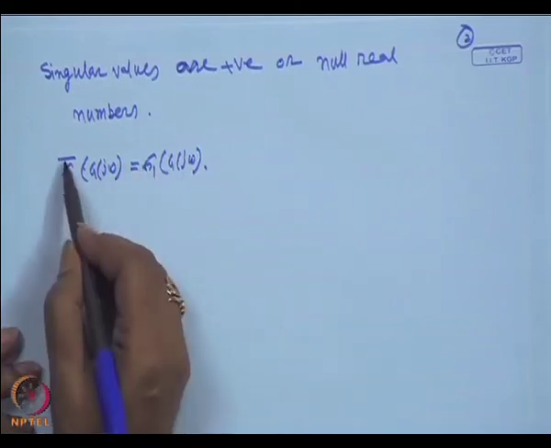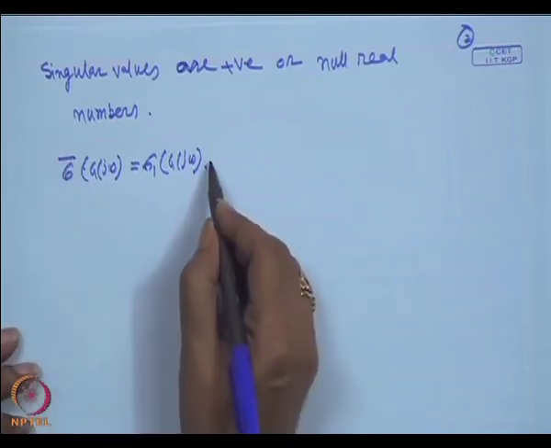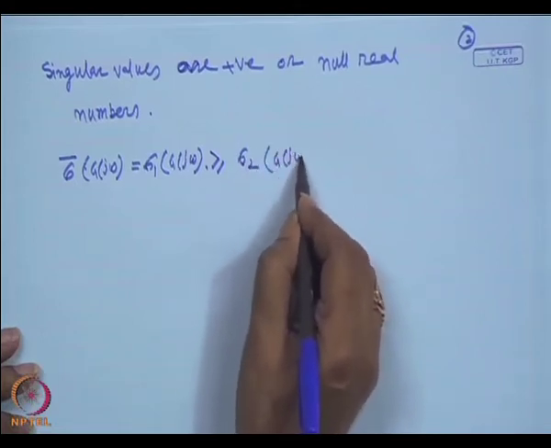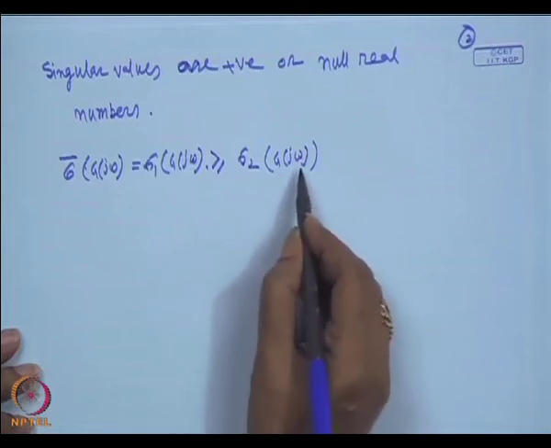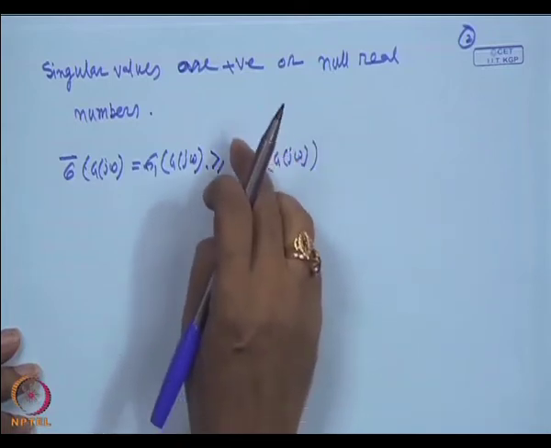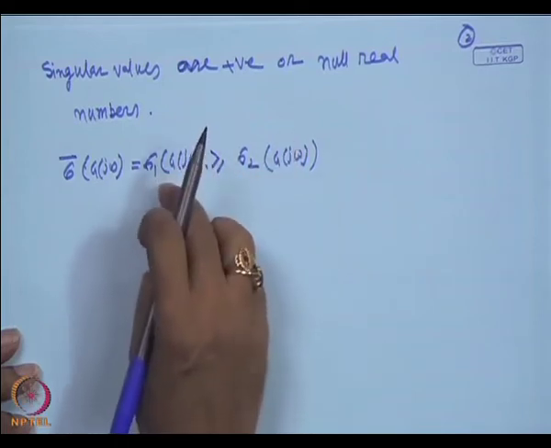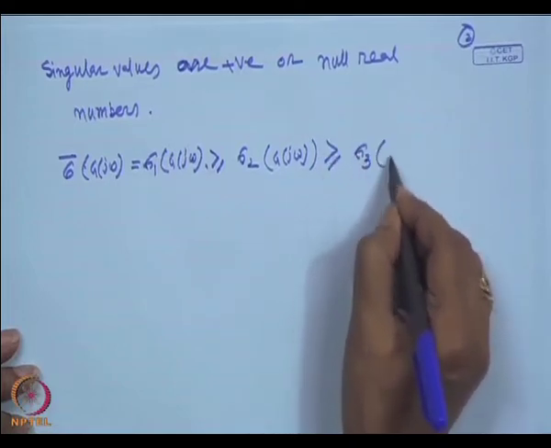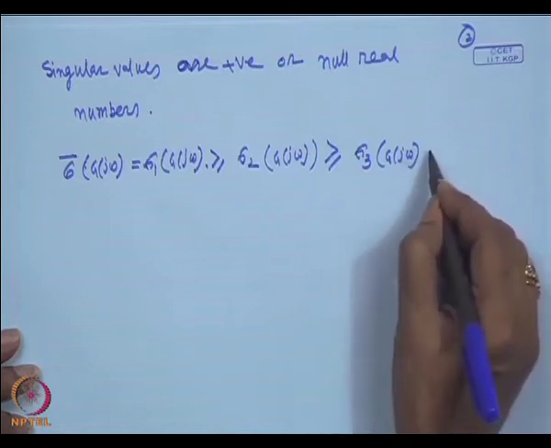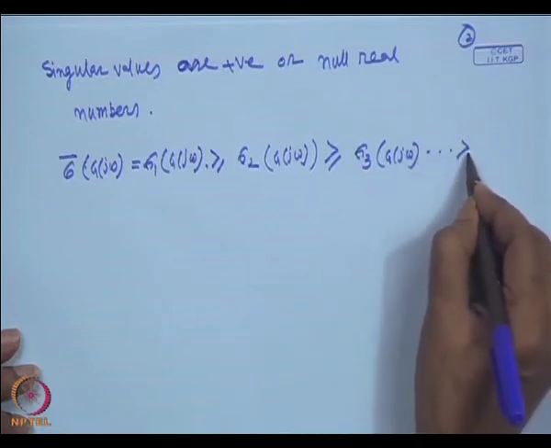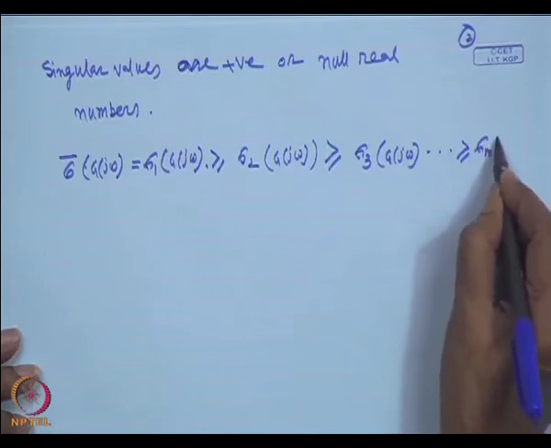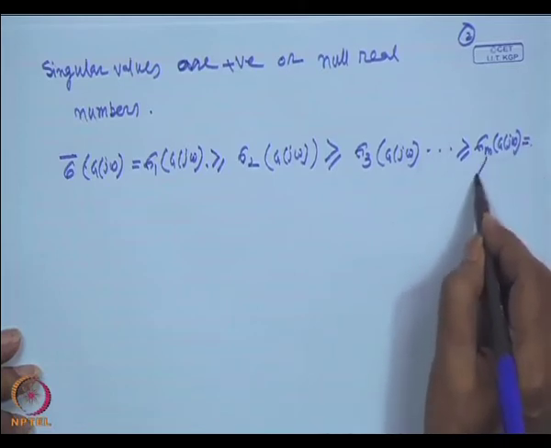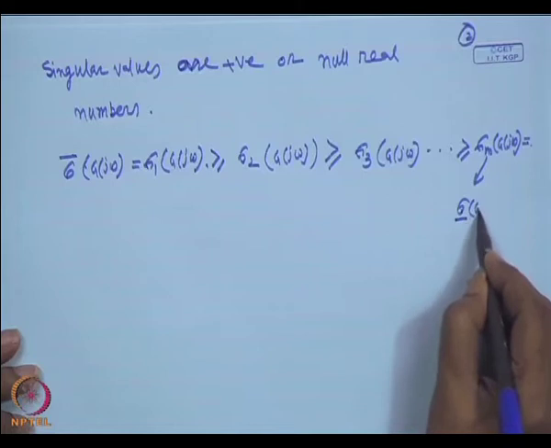The maximum is denoted by sigma bar, which is greater than or equal to sigma 2 of G(j omega). Find the singular values of G(j omega), the transformation matrix. The second maximum singular value will be less than the first, which is greater than or equal to sigma 3 of G(j omega), and so on, down to sigma m of G(j omega), which is denoted by sigma underscore of G(j omega).